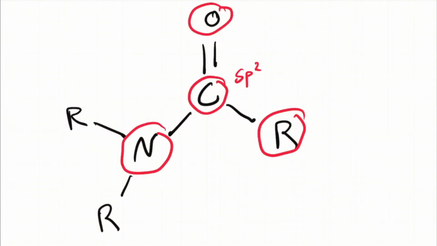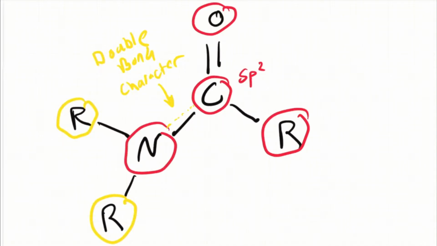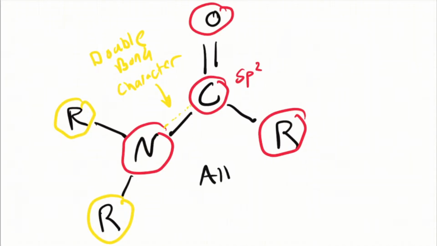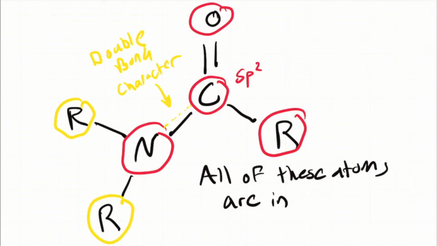But what we want to add to our perspective today is that if we see the partial double bond that's here, there's kind of this double bond character. It has a little bit more double bond character to it. Then we would also add that this and this, all of these atoms are in the same plane.